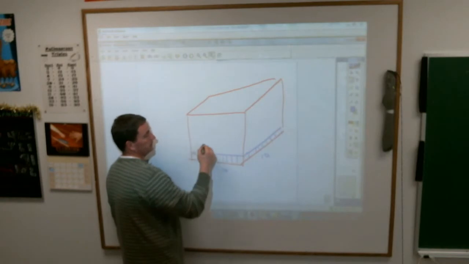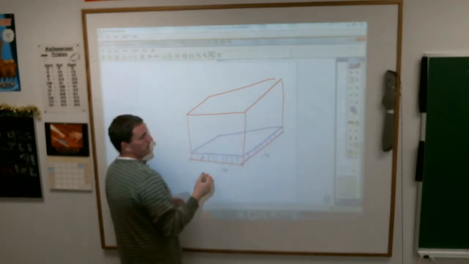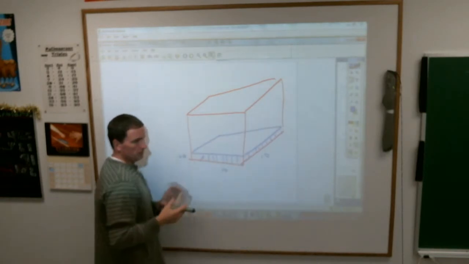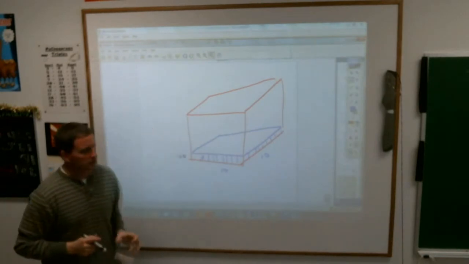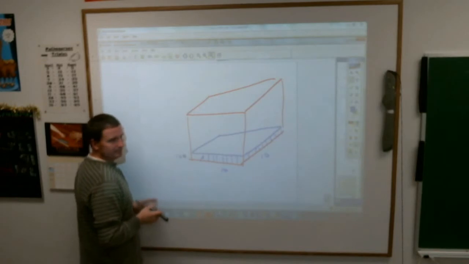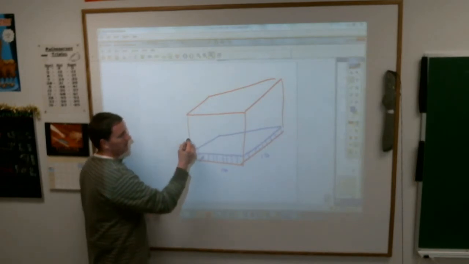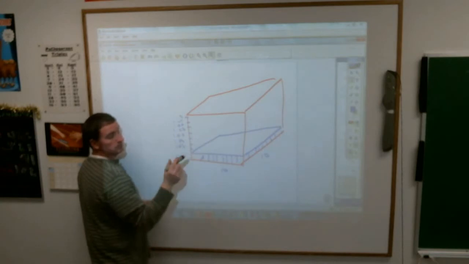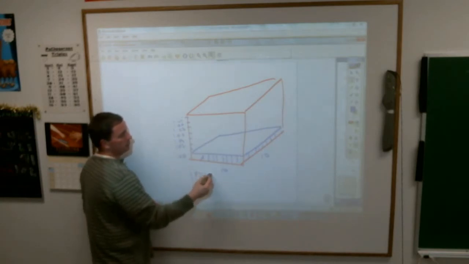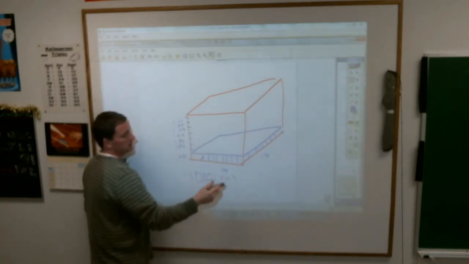So each layer has 100. Each layer is going to be 100 cubic centimeters. Guess how many layers of 100 I have? It's also 10 high. So for each layer, I'm going to have 100. So I have 10 100s. So if you were thinking there are 1,000 cubic centimeters here, you are right.